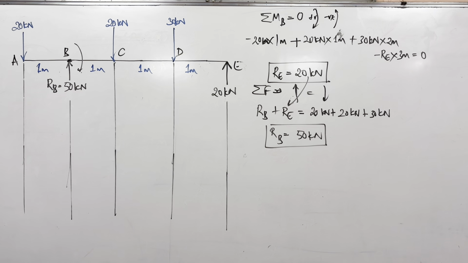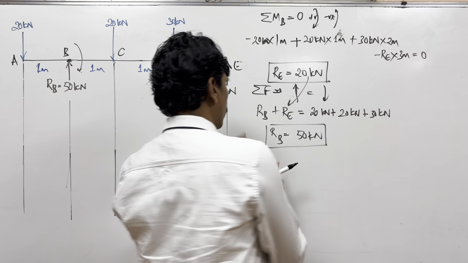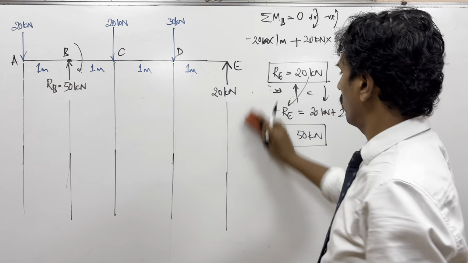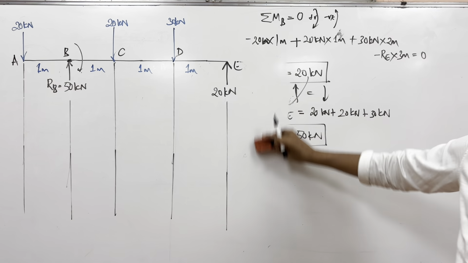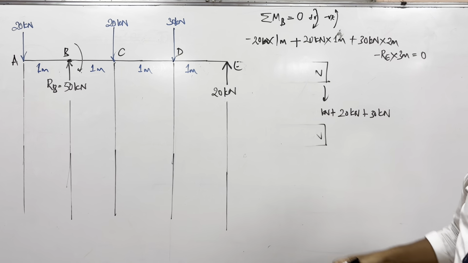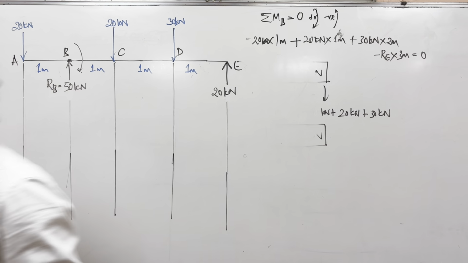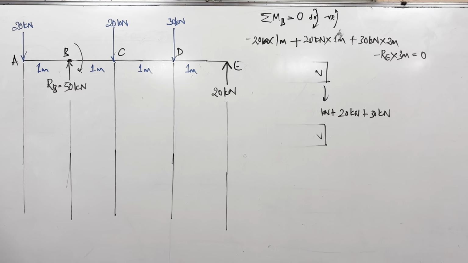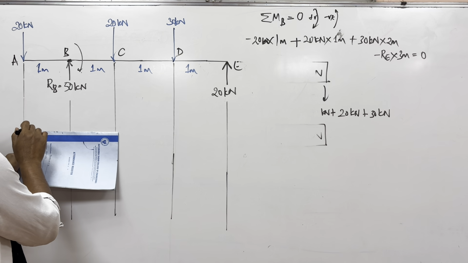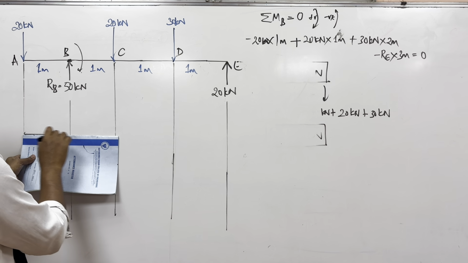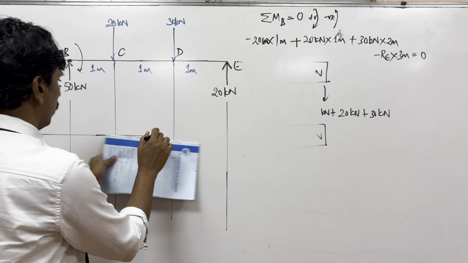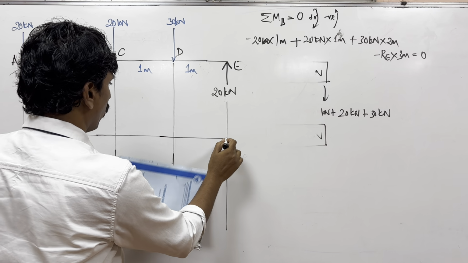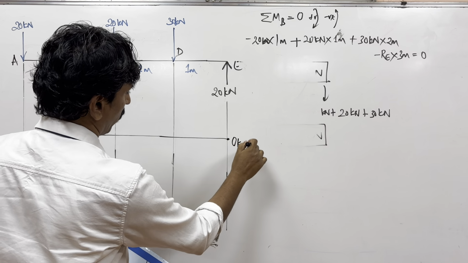Now I need to draw the SFD here. Reserve this place for the SFD and draw it here. This is the zero line, 0 kilonewton.